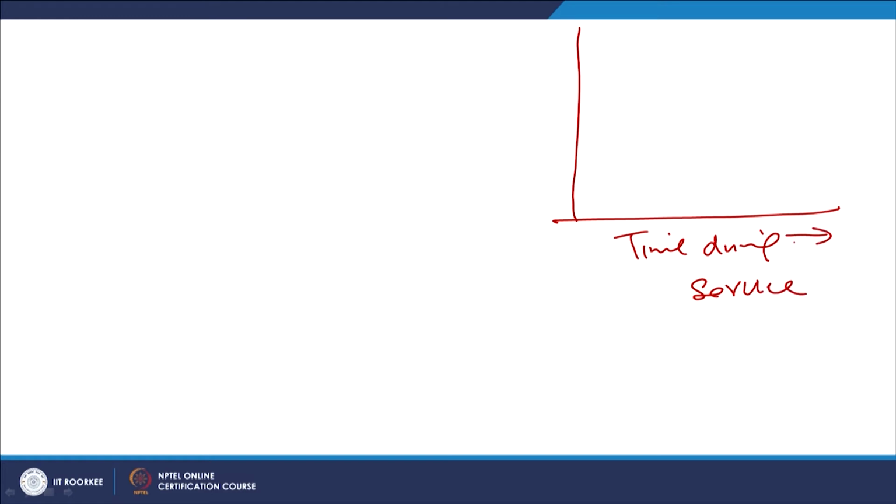Therefore, if we plot the variation in the performance of the component as a function of time during service, with the service period on the x axis and the performance on the y axis, this is a very qualitative diagram.